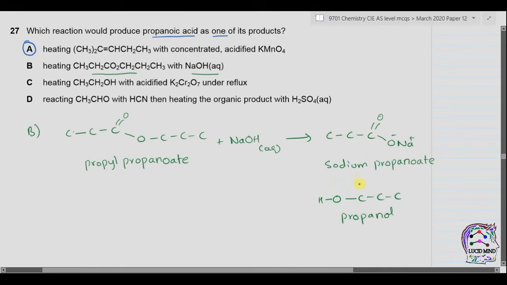So neither of the products is propanoic acid, so B is not the correct option.